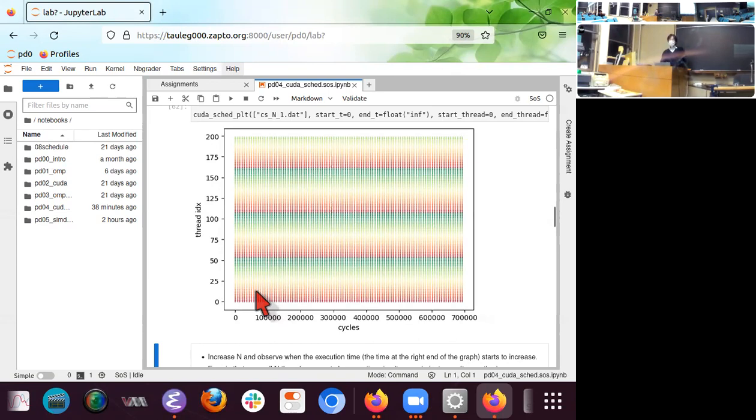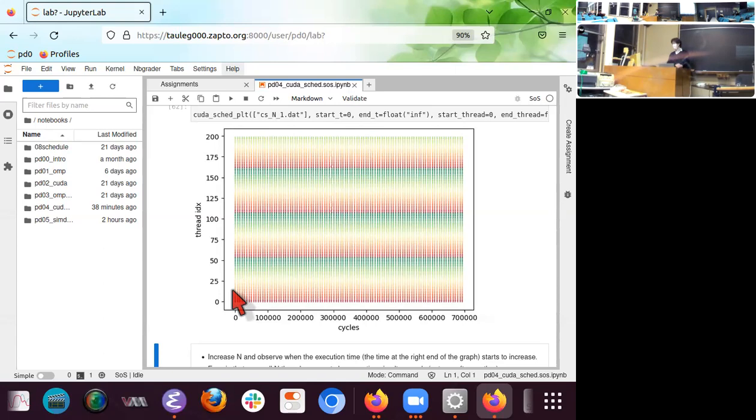So how many streaming multiprocessors do you think this GPU has? When you look at this pattern, you may be tempted to think that each streaming multiprocessor gets exactly 1 thread block. So it may be tempting to think that this GPU has something like 54 streaming multiprocessors.